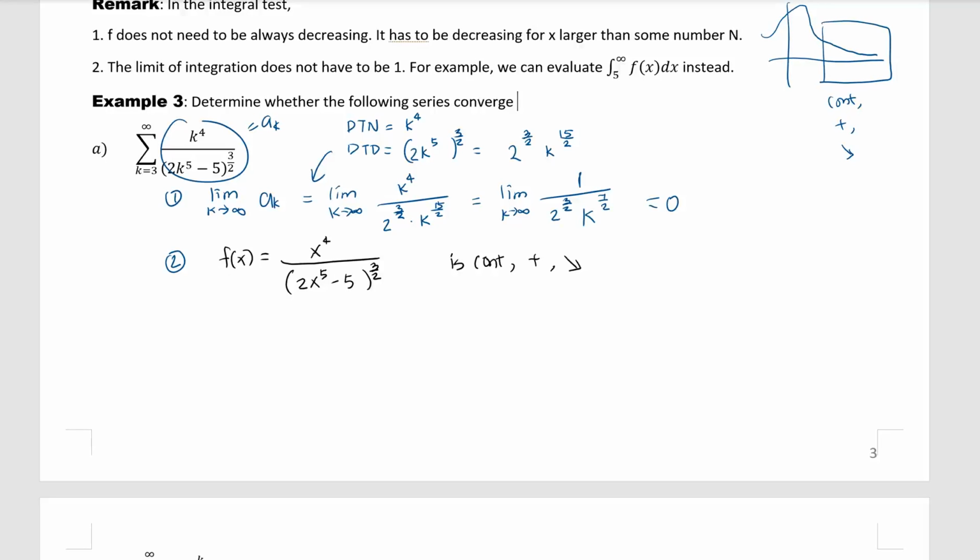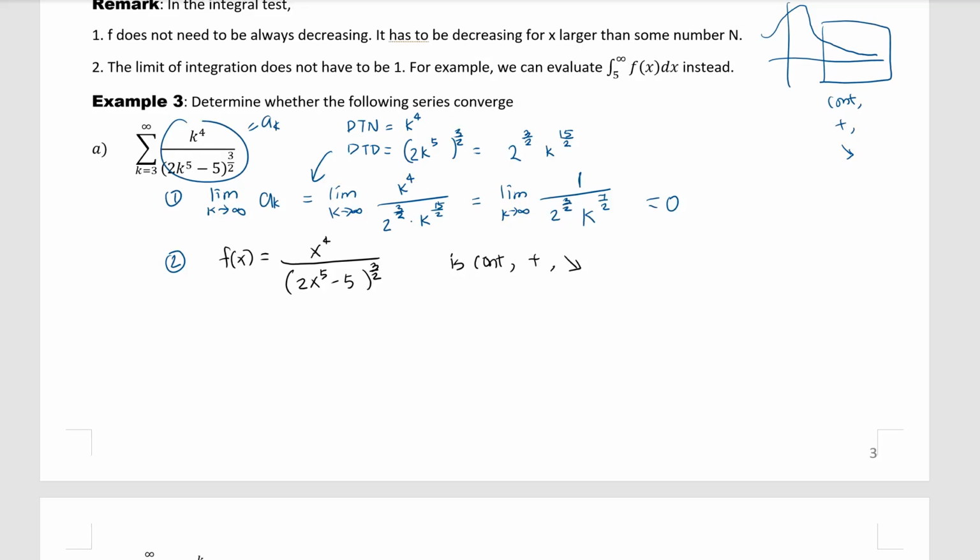It is decreasing because the denominator is going to be bigger, so eventually it will be decreasing. And all the terms are positive for x greater than or equal to 3.